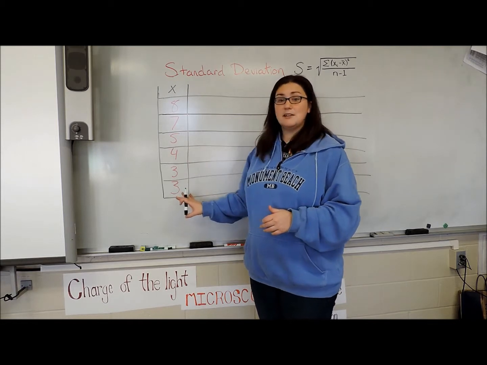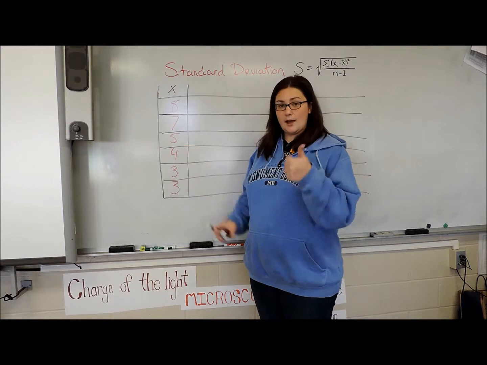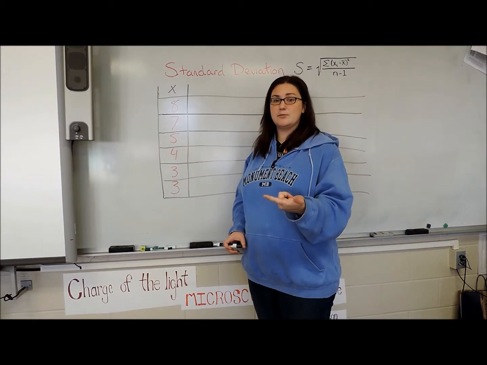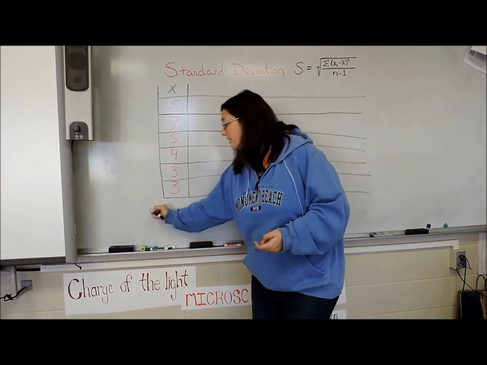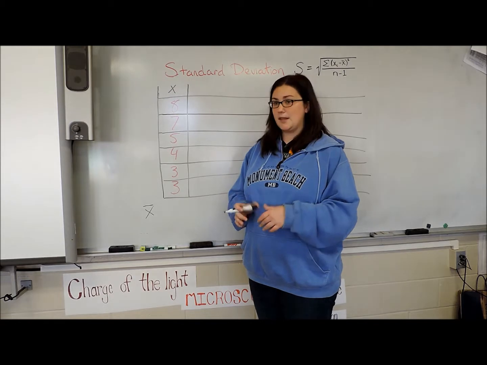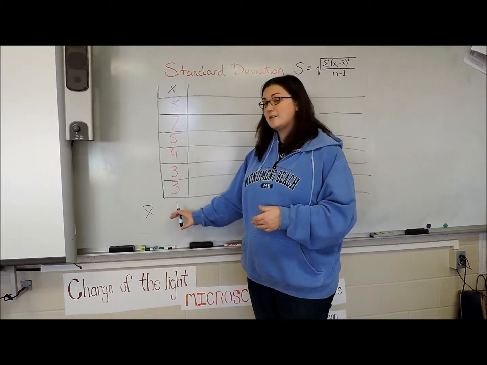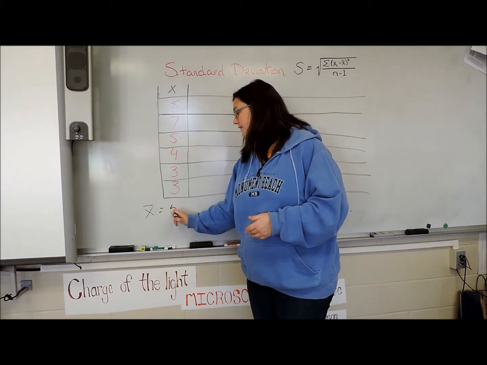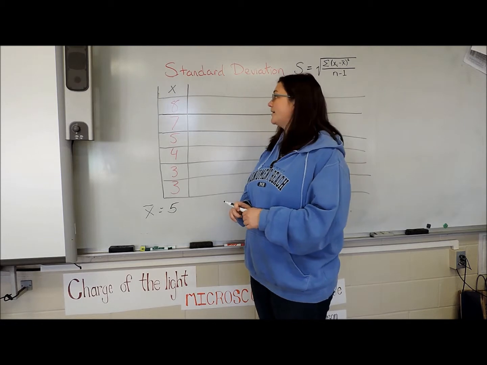We've already conveniently calculated this mean, but basically to calculate the mean, you add everything up and divide by the number of samples you have. To represent the mean, we're going to use the variable x with a bar over it. Anything with a bar over it just means average. So we calculated this average to be 5. We added everything up and divided by the number of samples we have.